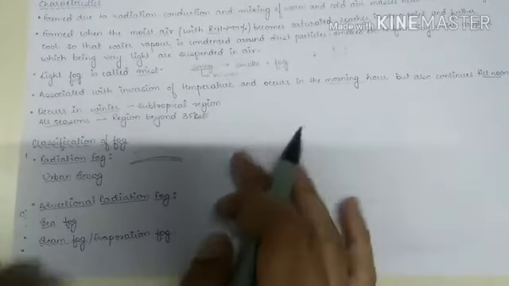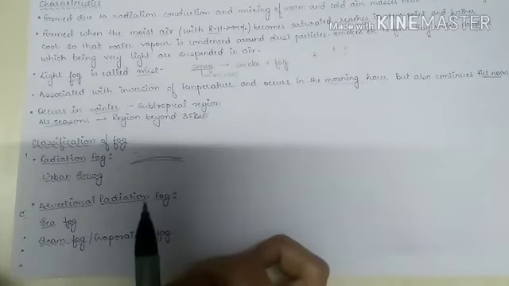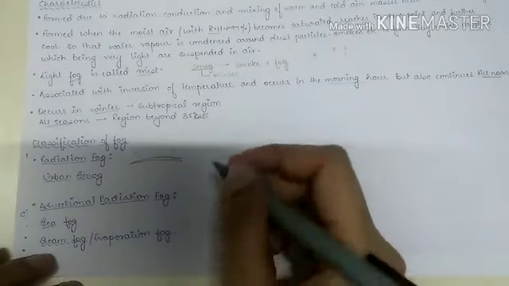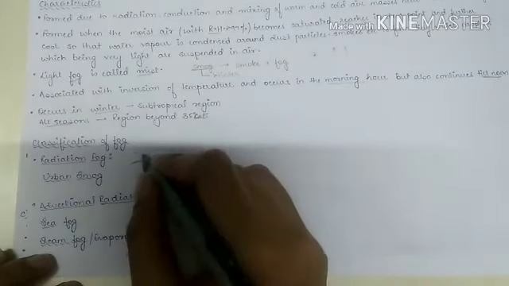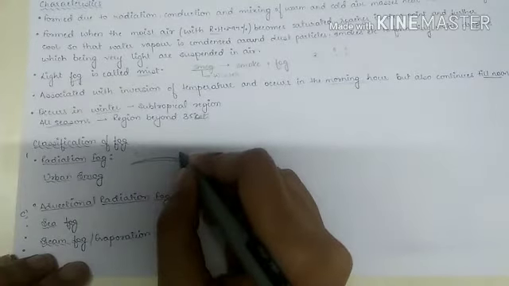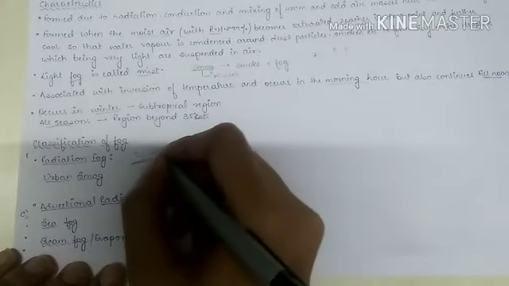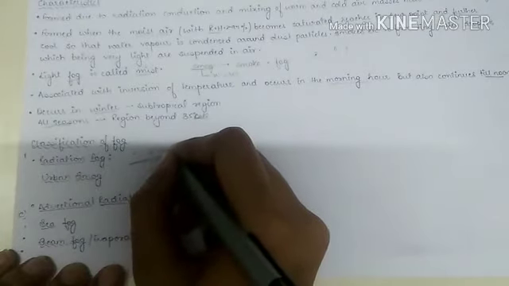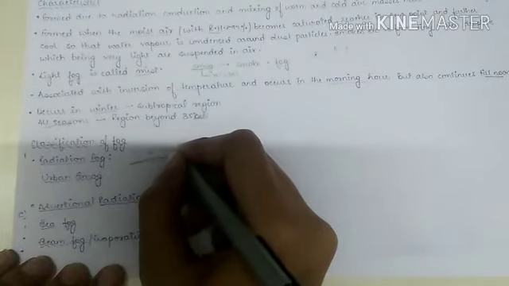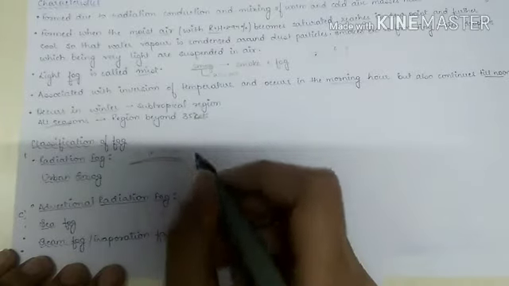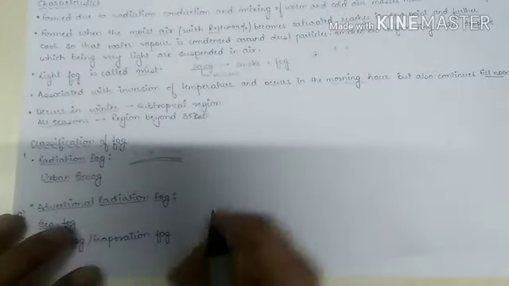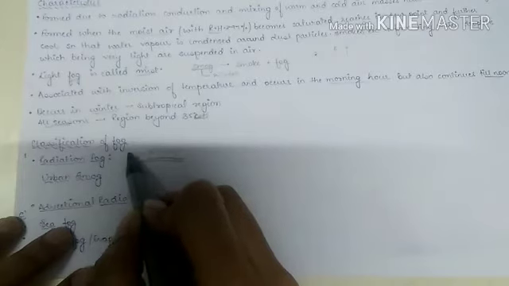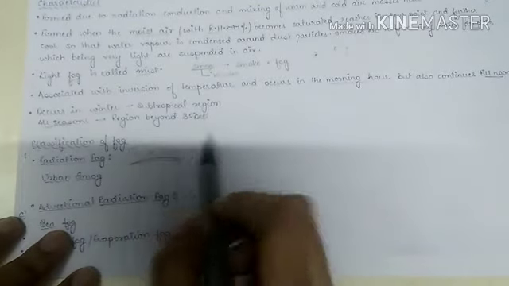And because it reaches its dew point, the condensation of water vapor starts. These water vapors are accumulated around hygroscopic nuclei and form numerous tiny droplets, and these numerous tiny droplets together are known as fog.